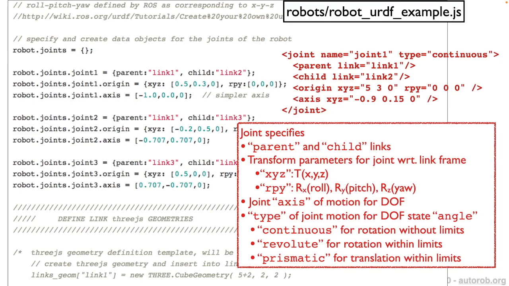This would be the axis of rotation for a revolute joint, or the axis of translation for a prismatic joint. In addition, we have a type parameter, which we didn't use in this particular example, but can be added to specify either a revolute joint, a prismatic joint, or what we call a continuous joint, which is a revolute joint that doesn't have any limits of rotation on it.